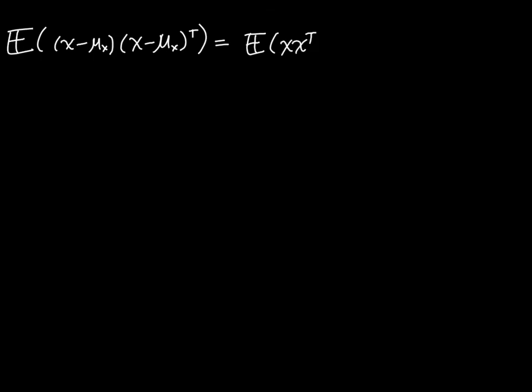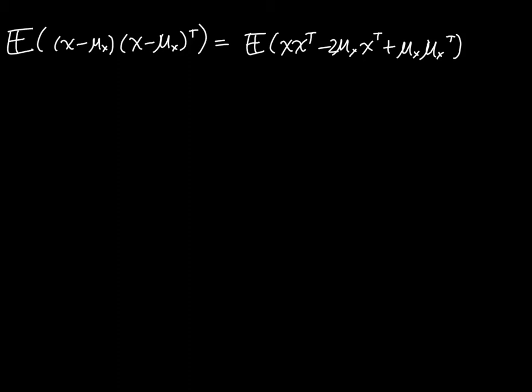One more thing is the expectation of x minus mu x, times x minus mu x transpose, is equal to the expectation of, and then we just do FOIL, right? So it's just x x transpose, right? Let's see, minus 2 mu x transpose plus mu mu transpose, right?